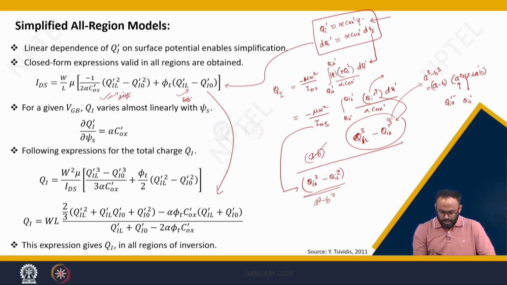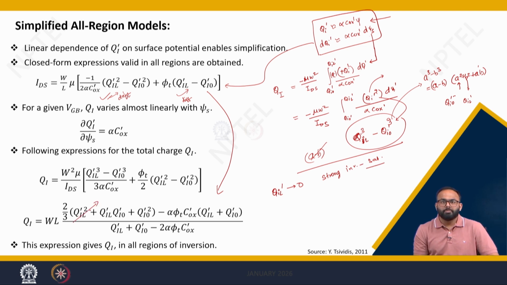Right? Now let's do a quick check for, let's say, strong inversion. In this case, if I consider the strong inversion and saturation, then Qi L dash will be 0, because near the saturation the inversion charge will approach 0 because of pinch off.